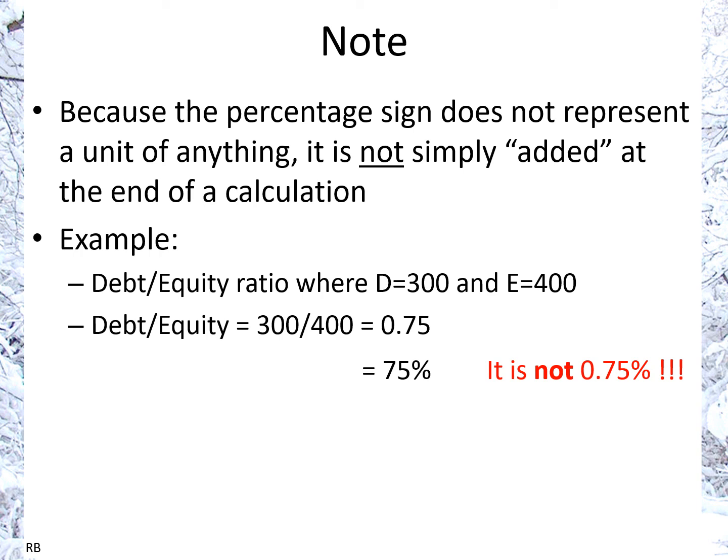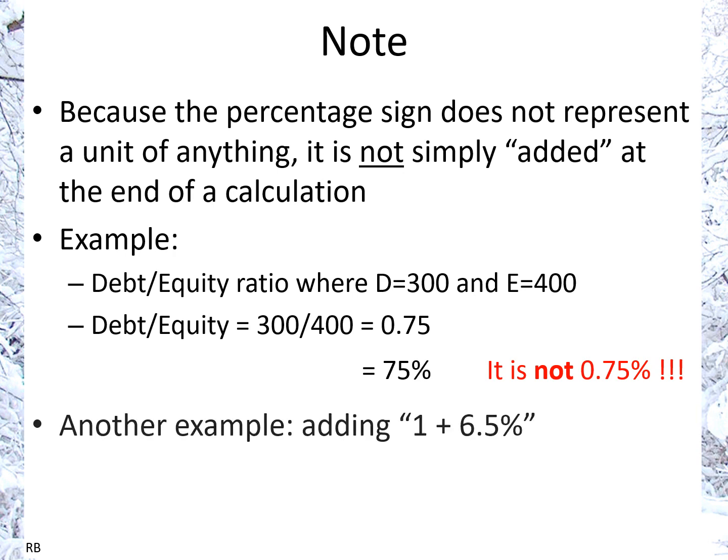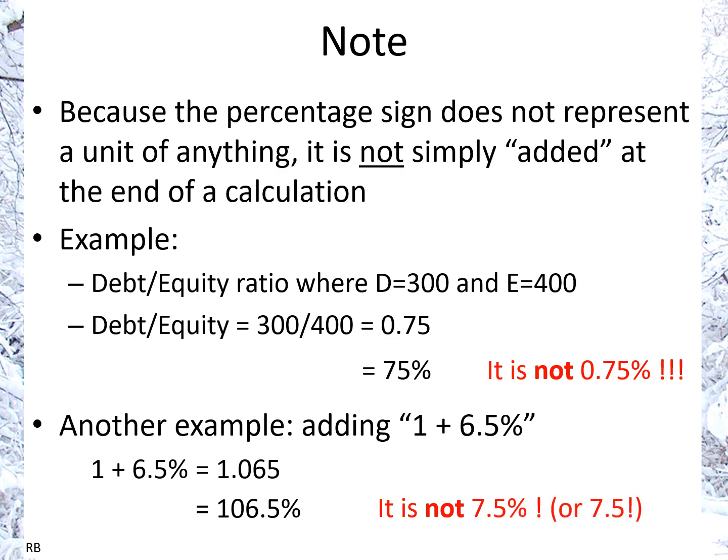And coming back to the example that I mentioned in the notes to this presentation, let's take a look at adding 1 plus 6.5%. So 1 plus 6.5% is 1.065, because 6.5% is just a way of writing 0.065.